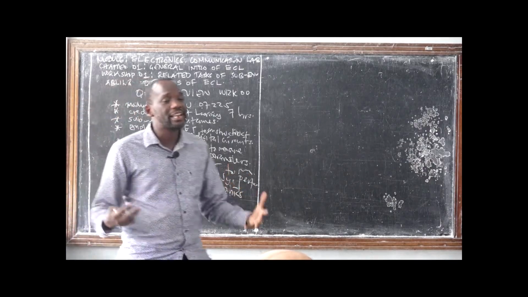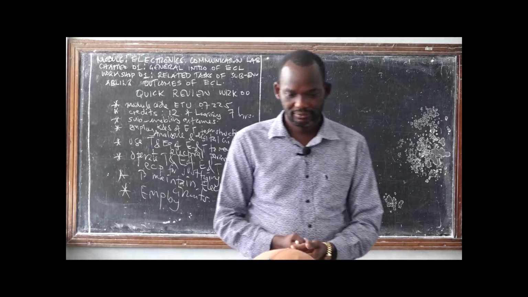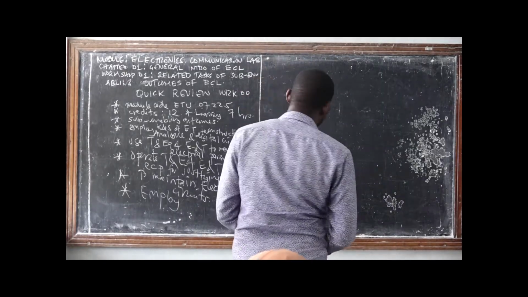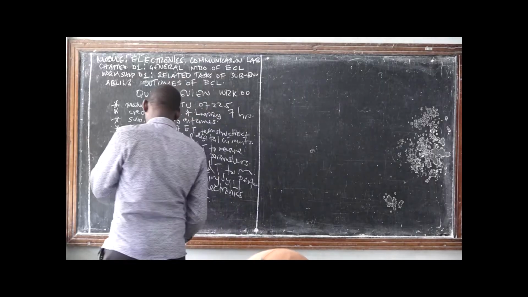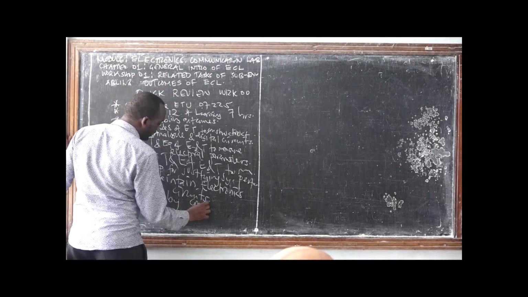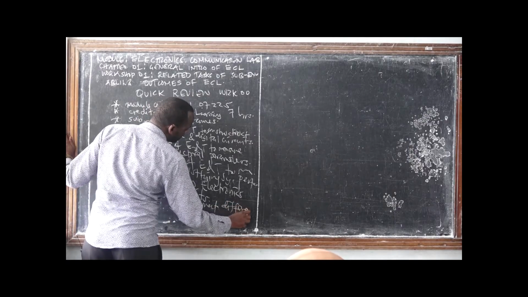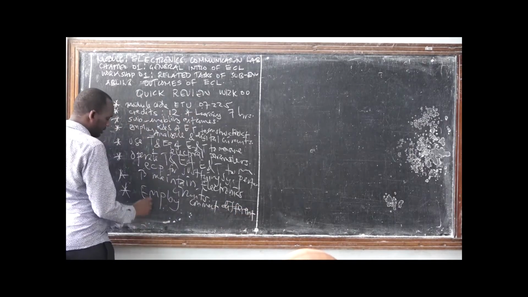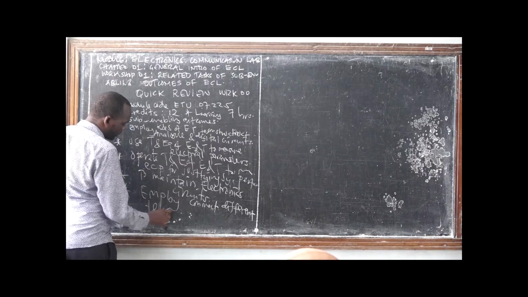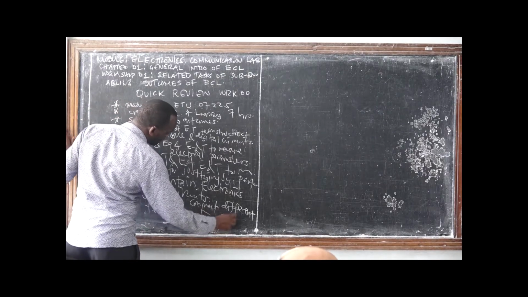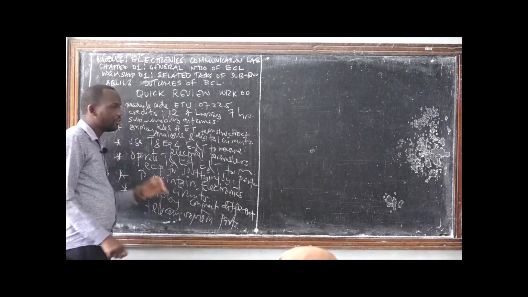Read the fifth sub-enabling outcome. To connect different telecommunication or communication system parts. Those are the 5 sub-enabling outcomes.